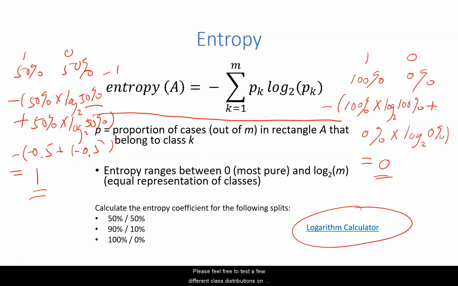Please feel free to test a few different class distributions on your own. For example, a 90% and 10% split, or 70% and 30% split to see if this is true. Again, the entropy range is different for more than two classes, and the values of entropy do not increase or decrease proportionately to the degree of purity.